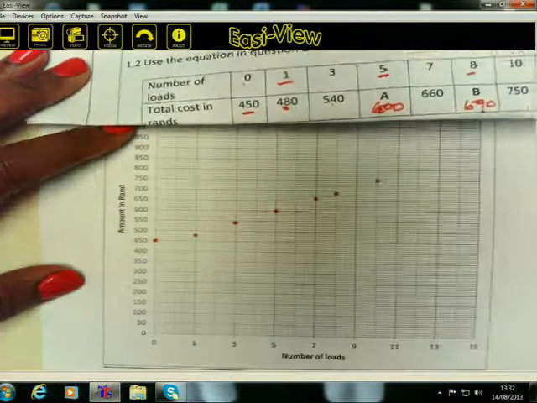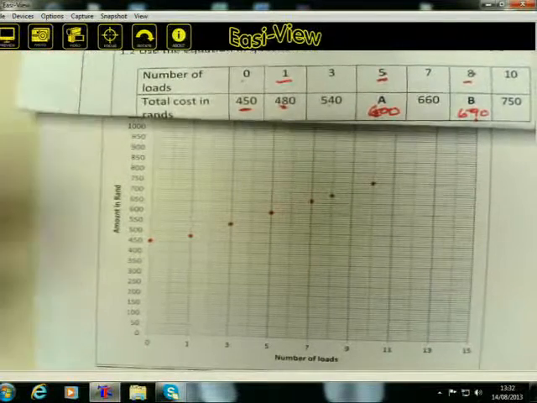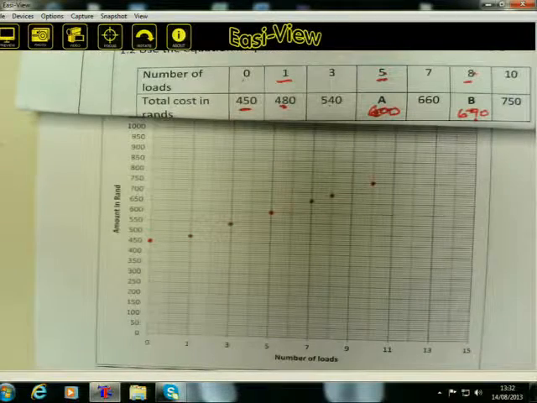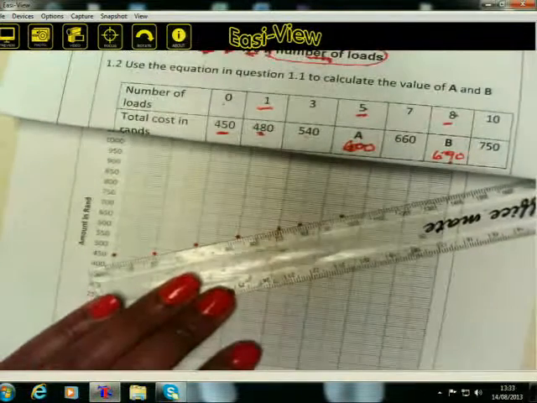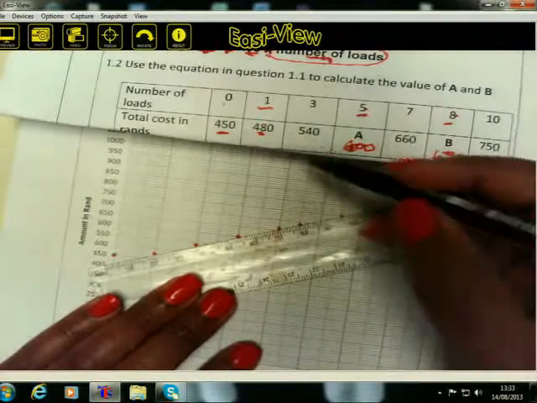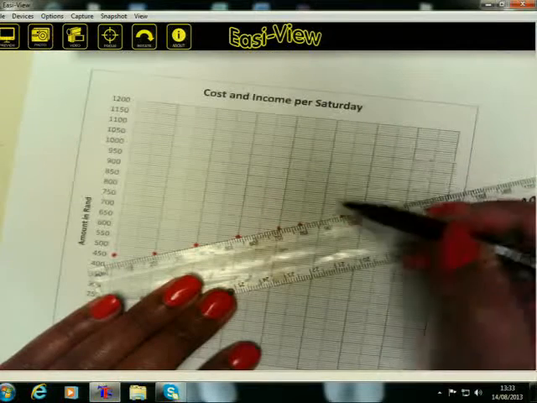750. Now that we have already plotted our points, remember we must just now join our points with a straight line. I hope my line will be straight. Hope you can all see that.